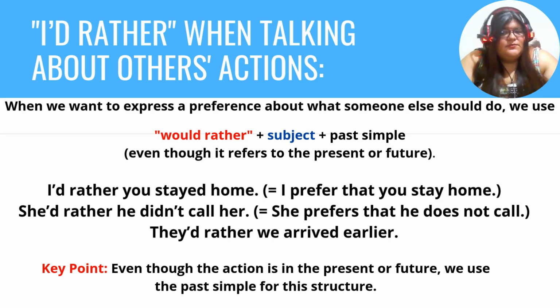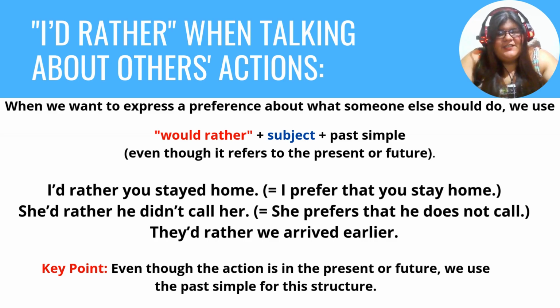And if you don't know how this is happening or how to use the past simple, I recommend you to watch my video about the past simple, and you will be able to understand this tricky but useful structure when expressing preferences.